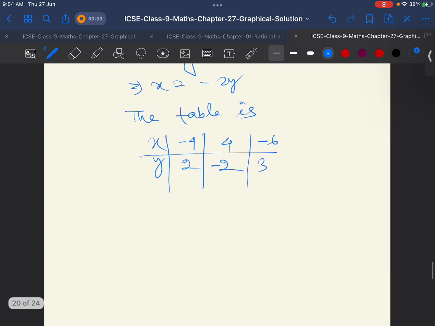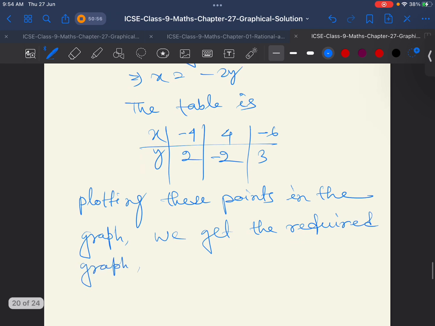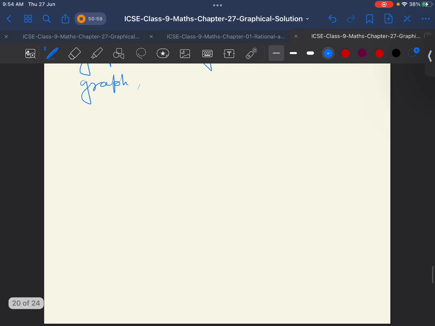Okay, now plotting these points in the graph, we get the required graph. So the graph is here.